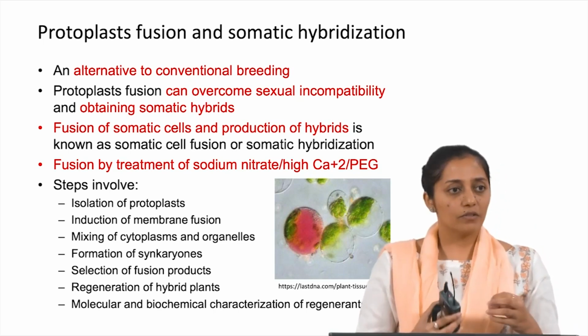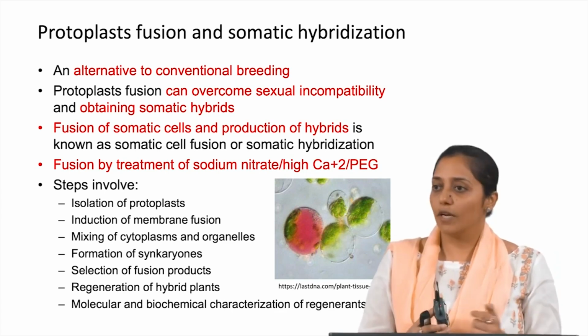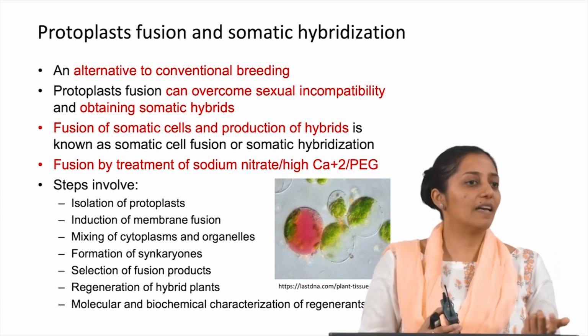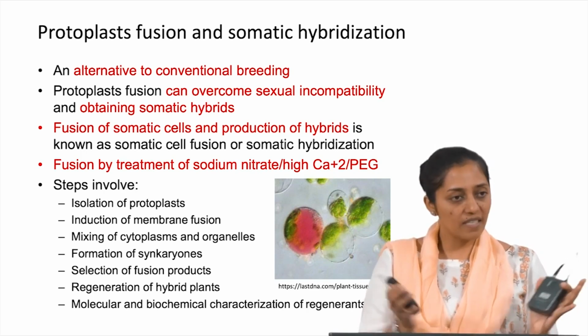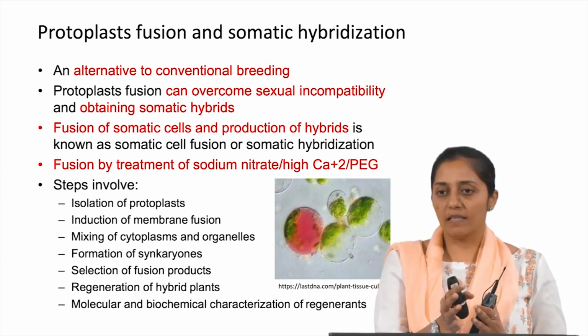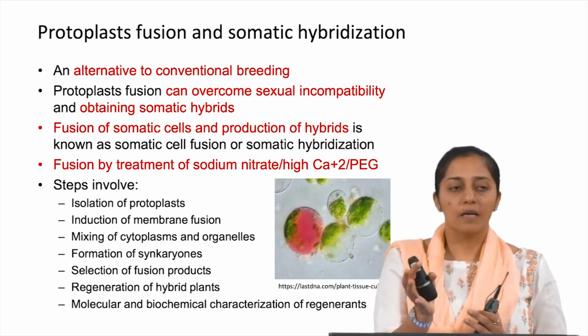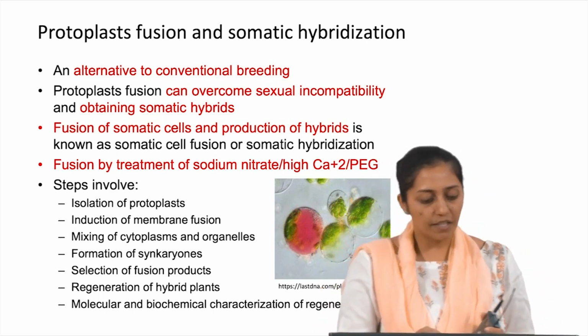So transient pores have to be formed and the membranes have to get fused. So polyethylene glycol is helping in fusion. All this is facilitating the coming together of the cells, fusion of the membranes by changing the permeability and fluidity of the membranes.